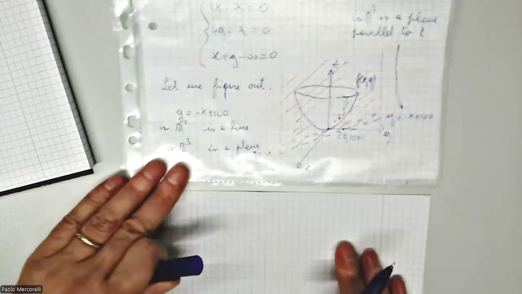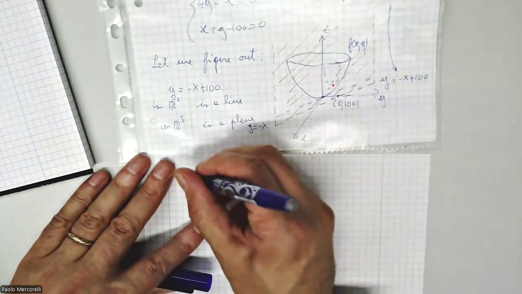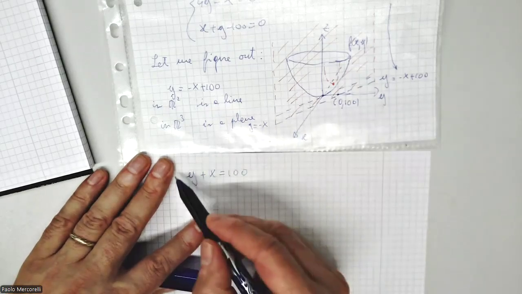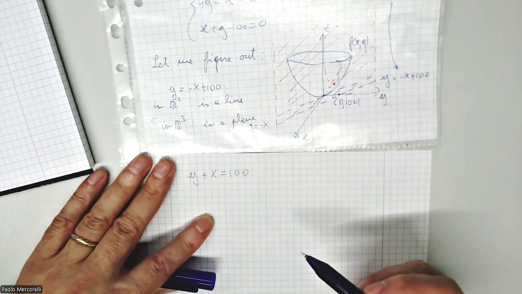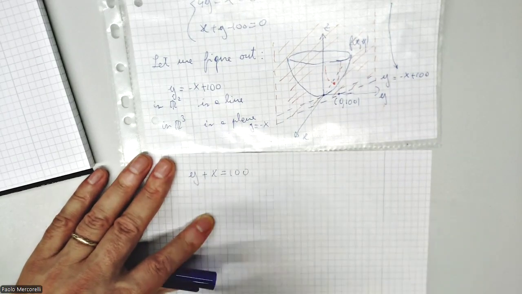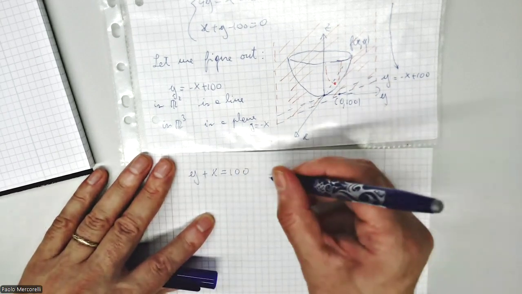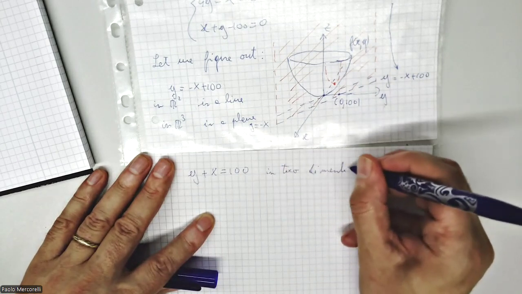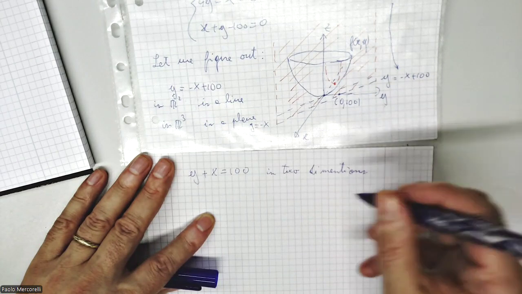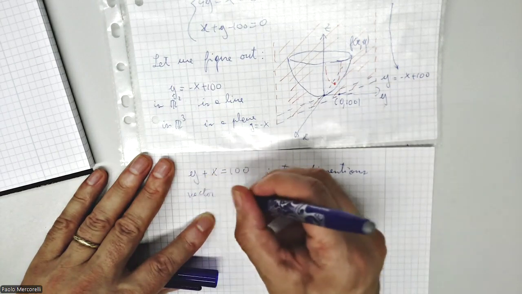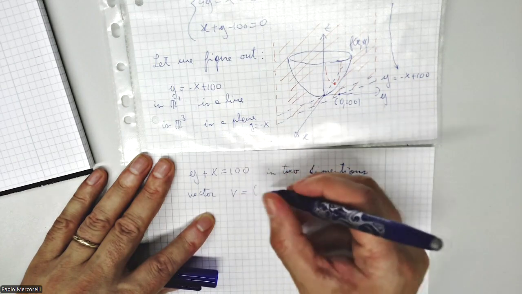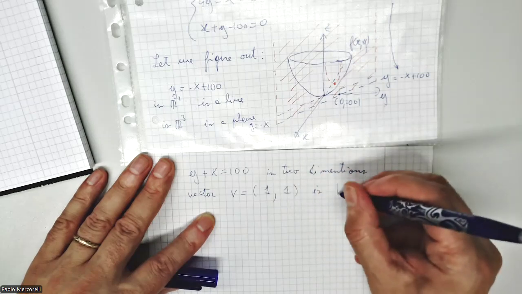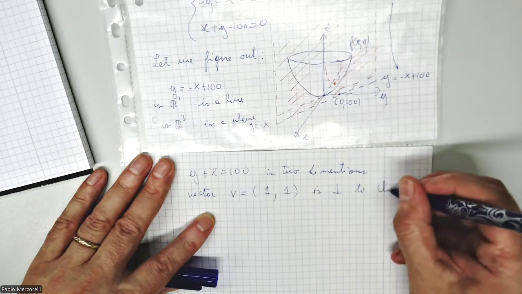Look, try a little bit to interpret what I told you until now. Did you agree with this? In two dimensions, the vector v equal 1, 1 is orthogonal to the line.